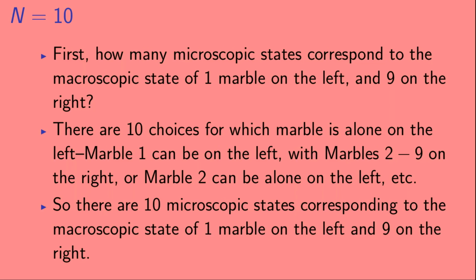There are 10 choices for which marble is alone on the left. Marble 1 can be on the left with marbles 2 through 9 on the right, or marble 2 can be alone on the left, etc. So there are 10 microscopic states corresponding to the macroscopic state of 1 marble on the left and 9 on the right.